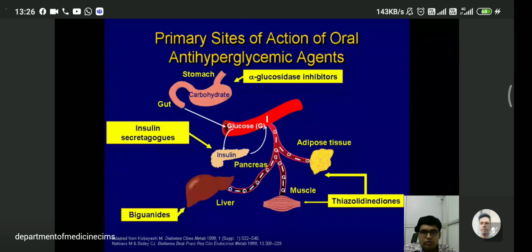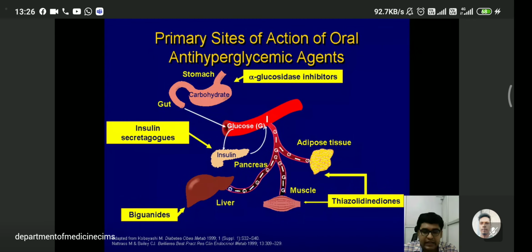First is the alpha glucosidase inhibitor, like acarbose. It acts in the stomach, where we take our food. It is taken along with the food. It prevents the breakdown of carbohydrate to glucose, so it prevents the production of glucose in our body.